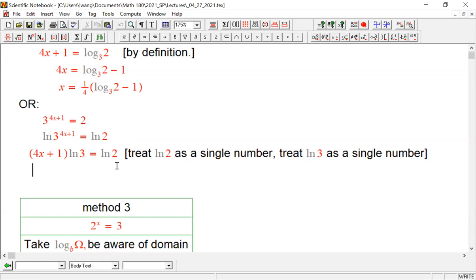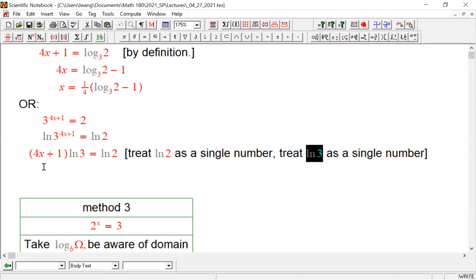You never write a logarithm of anything alone, because you have to indicate the input, that the rule of the function applies to what. Just like sine x, you never write sine without an input. In this case, we treat ln 2 and ln 3 as single numbers.